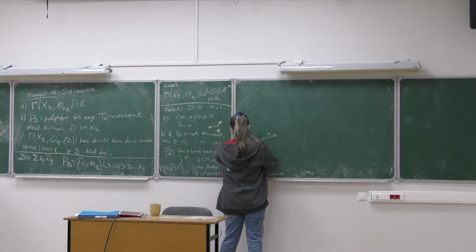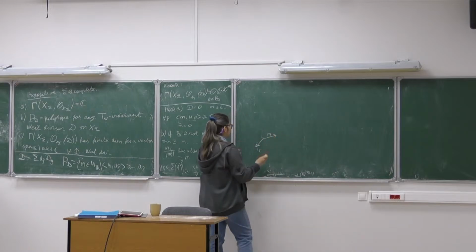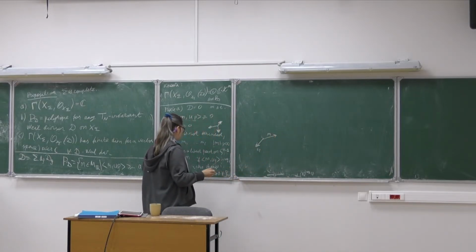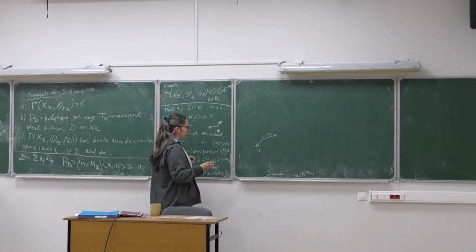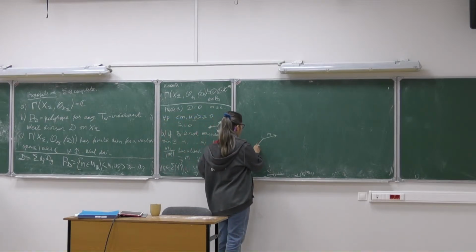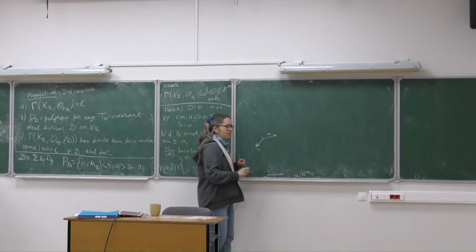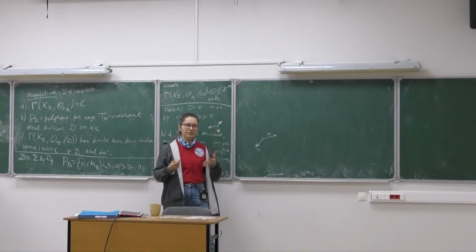So this is u rho, and this scalar product will be greater than 0. So the vectors u rho are given in the beginning, so their absolute values are known. Okay.